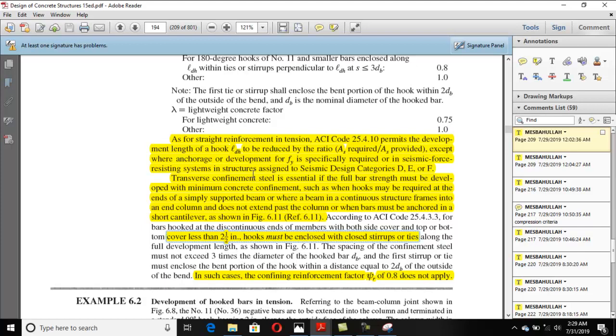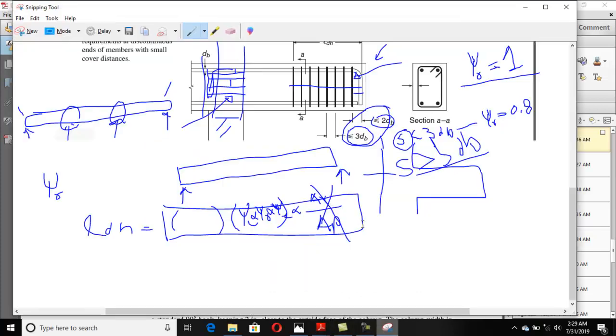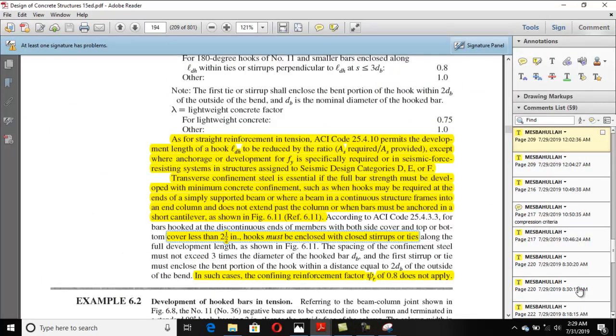Now, it should be remembered in this case, whatever the value of your tail cover, your side cover, if it is less than or equal to 2.5, if your top cover or bottom cover is less than or equal to 2.5, and whatever the value of your tail cover or extension cover, any value, you have to provide confinement stirrups, with spacing not exceeding 3 times the diameter of the hook bar db, and the first stirrup should be placed at a distance of 2 db.